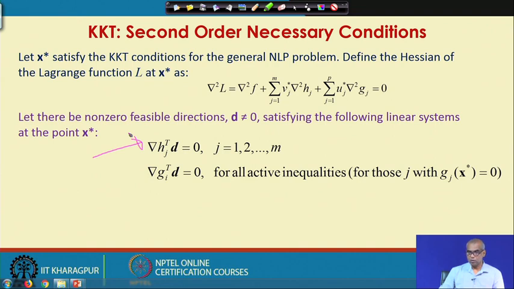Also, for all active inequalities, that means where the inequality constraints are satisfied as g equal to 0, grad g times d equal to 0. So, let there be a non-zero feasible direction d that satisfies these linear systems.